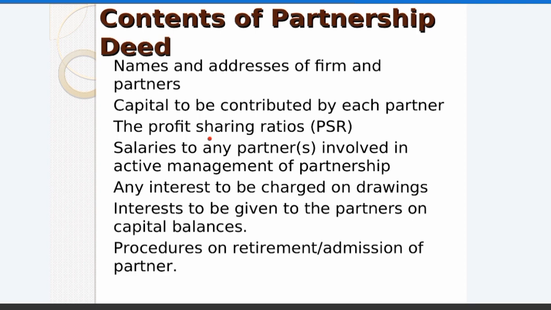So it is the profit or loss sharing ratio. They have to determine the ratio of sharing profits. So in the partnership deed, they have to state the profit sharing ratio. Should it be equal or different for the different partners in the partnership?